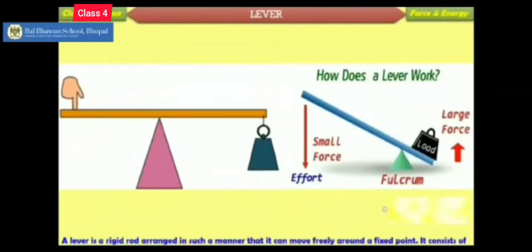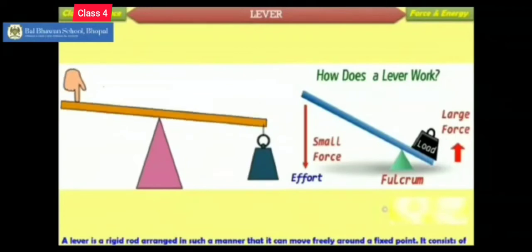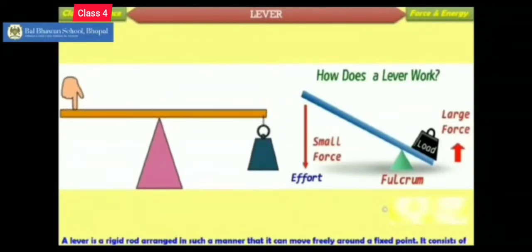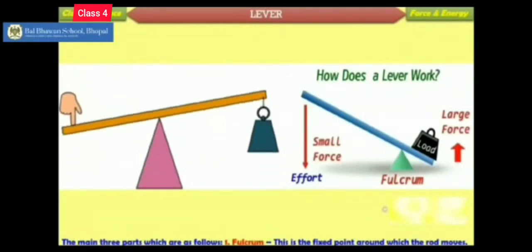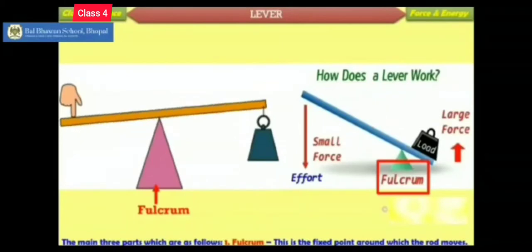Now, a lever is a rigid rod arranged in such a manner that it can move freely around a fixed point. In this picture, you can see a lever, and they are also explaining how the lever works. The lever consists of 3 parts. The first part is called fulcrum.